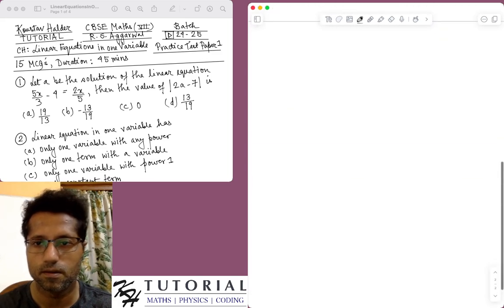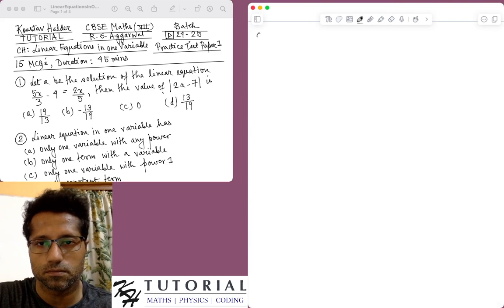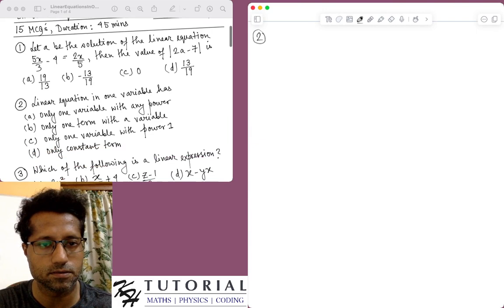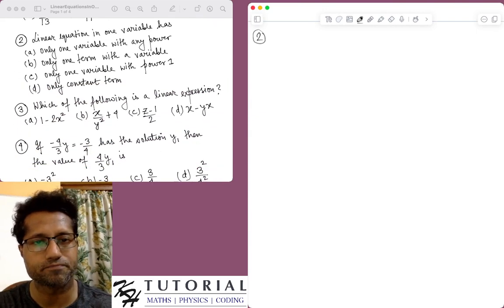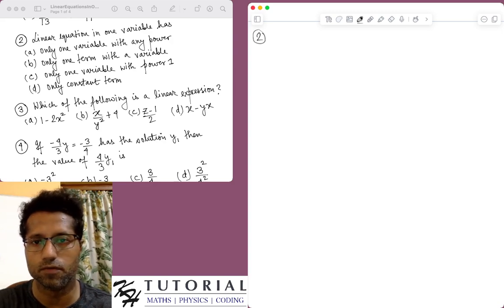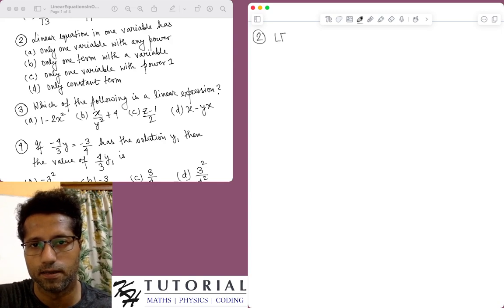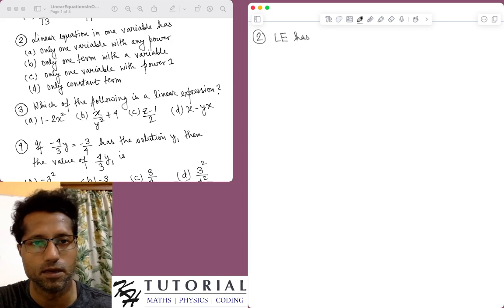Okay, let's do question number 2. Question number 2 says: a linear equation in one variable has only one variable with any power. We know that a linear equation (LE) has one variable, and it says linear equation in one variable.